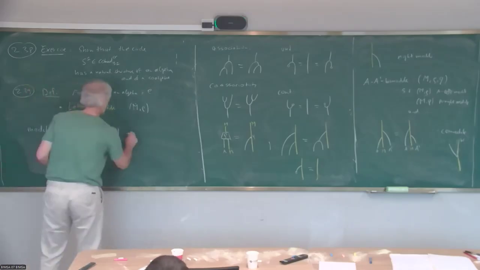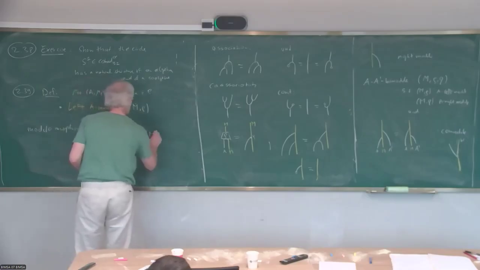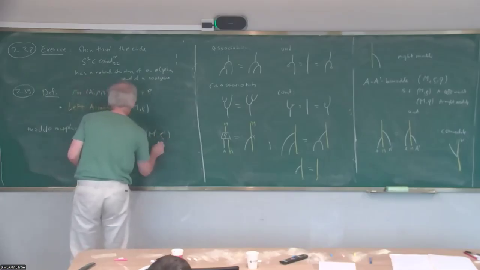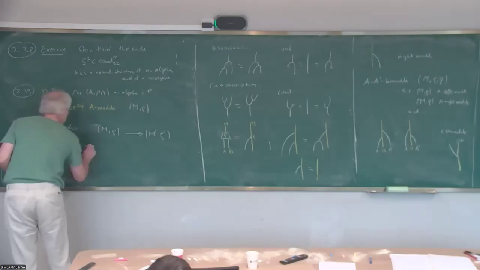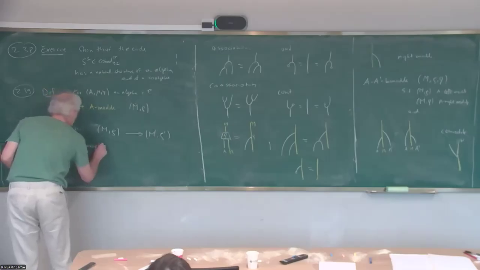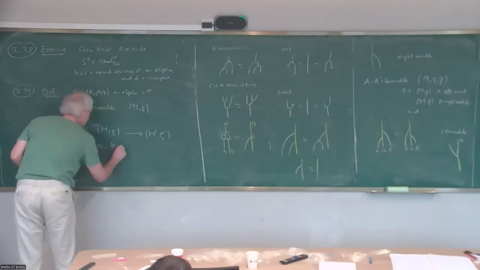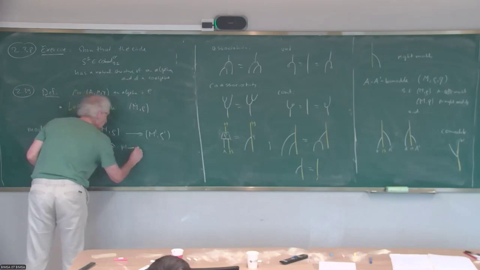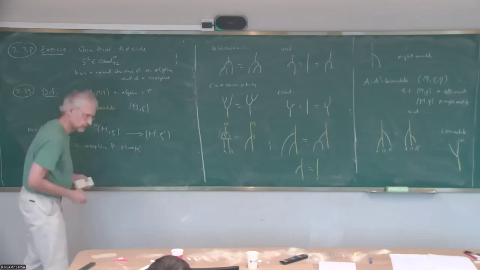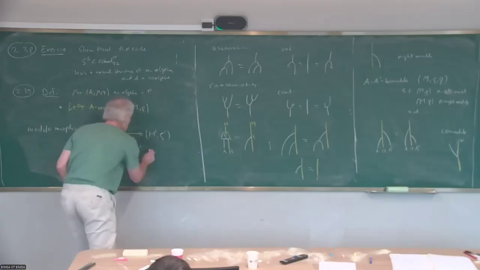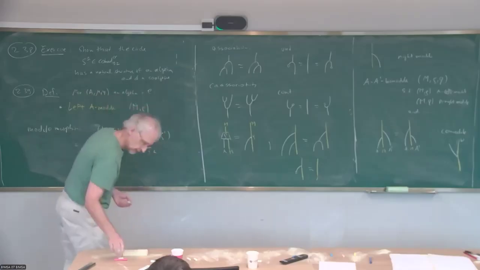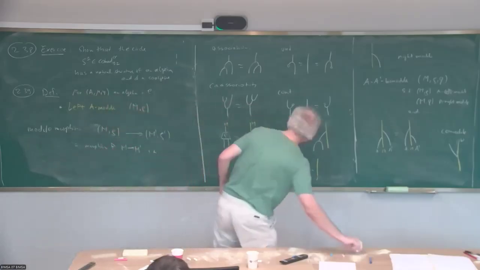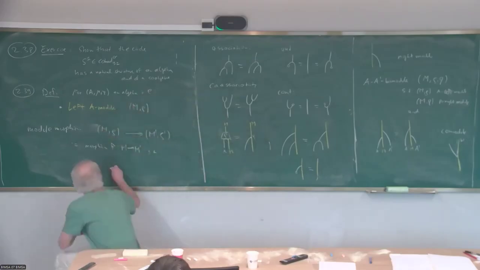I write it for left modules, analogous for right modules. So this is a morphism F from M to M prime, or more precisely M dot to M prime dot, such that graphically we have the following.